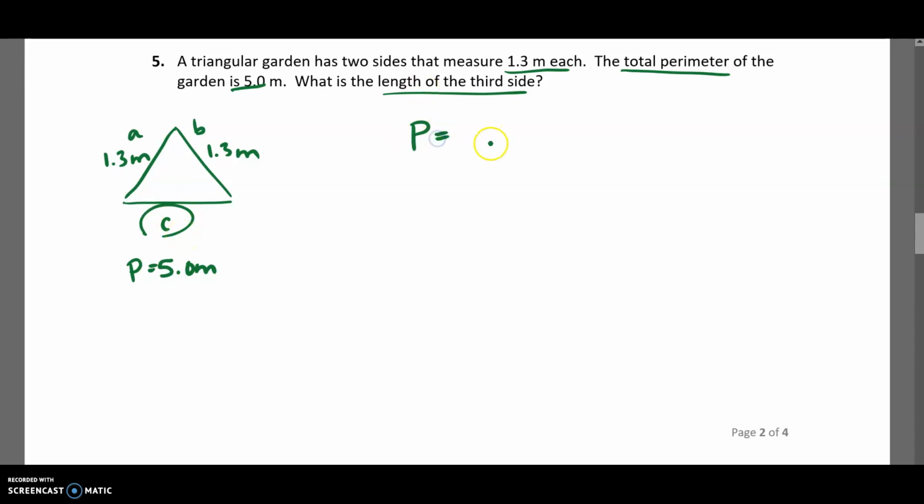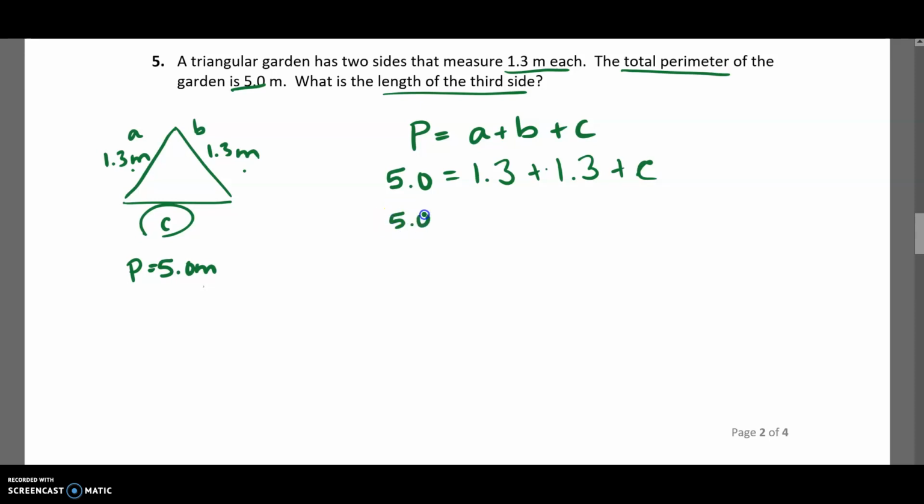The formula for the perimeter of a triangle is the sum of the sides, A plus B plus C. All of those have to be in the same units, so my 2 sides are in meters and my perimeter is in meters, so I can substitute into this equation. Subbing in for perimeter is 5.0 equals, side A is 1.3 meters plus side B is 1.3 meters, plus we're trying to find the length of side C. So we want to isolate that variable C by moving the other terms to the other side.